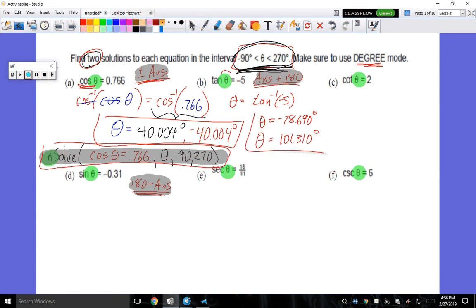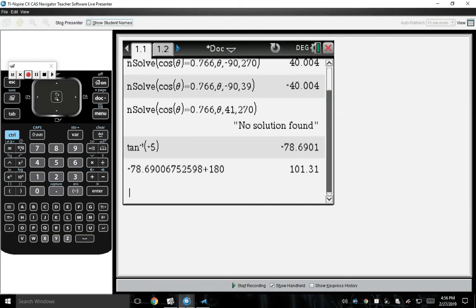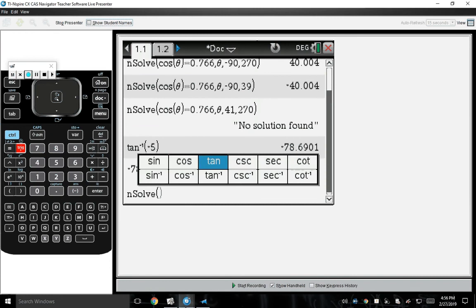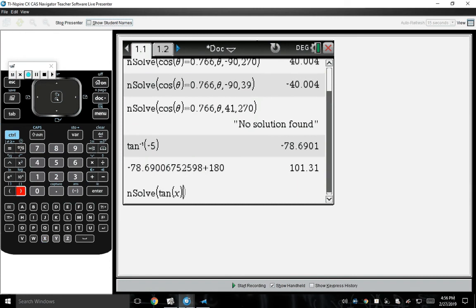And again, we could have just done that from doing the solve feature, okay? So let's do the solve feature just to get a little bit more practice as far as those intervals are concerned. Okay, so we'll press menu 3-6, and then we'll go ahead and start setting it up as the tangent. I'm just going to use x this time, is equal to -5.